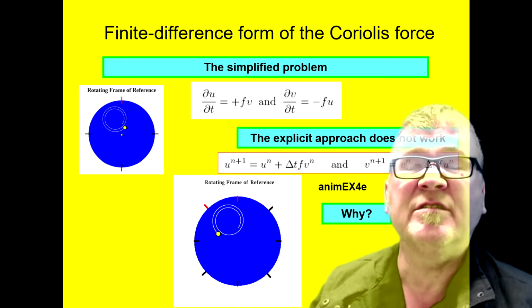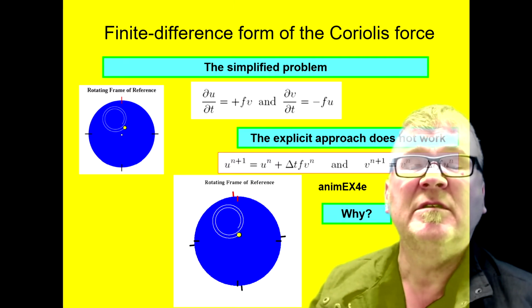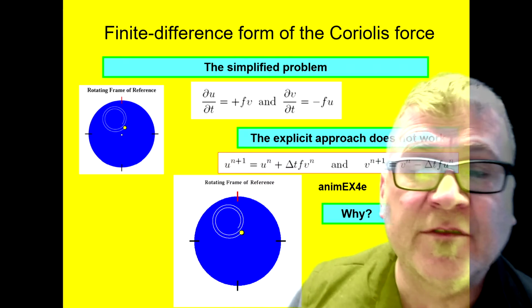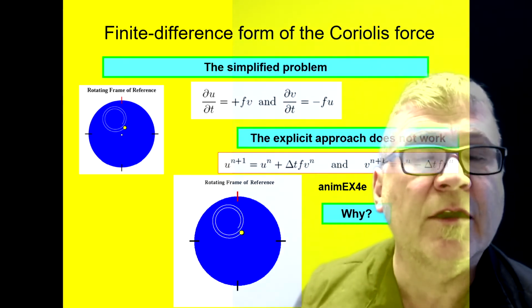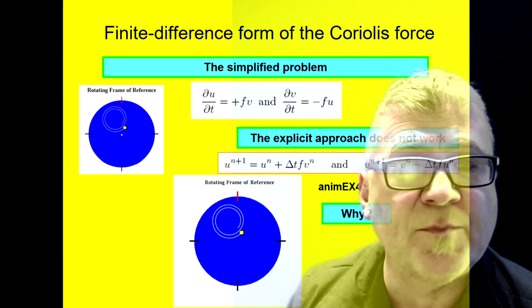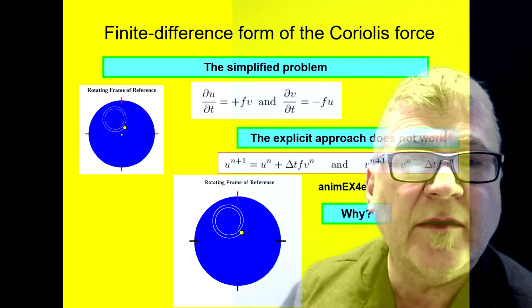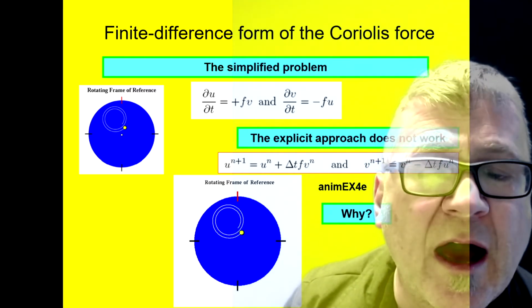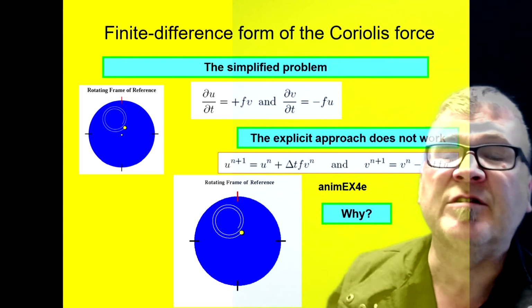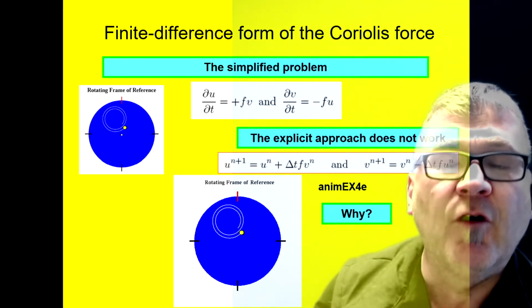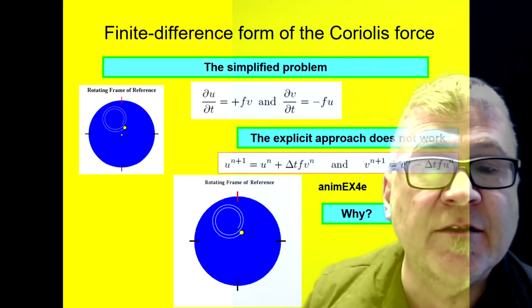What you actually see from the simulation is you don't get a closed path. You get sort of a spiral path. We have a look at why it doesn't work on the next slide, but this is just to give you a reminder of how you formulate these equations.